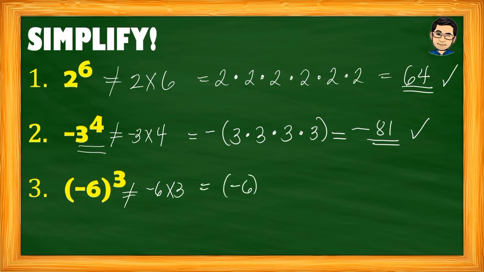Negative 6 times negative 6 times negative 6. So, negative 6 times negative 6, that is positive 36. And multiplying it by negative 6 again, it will become negative 216.